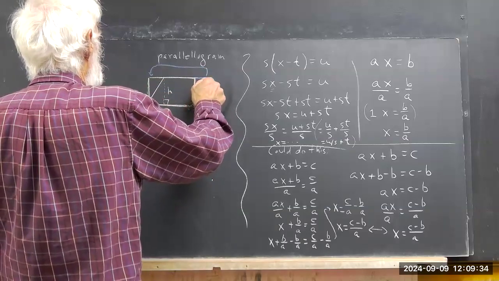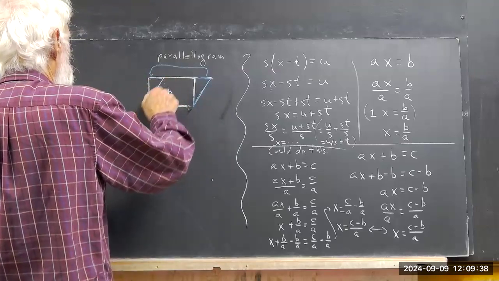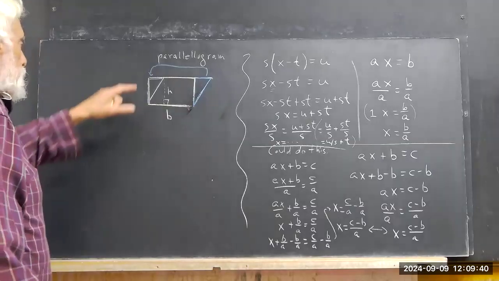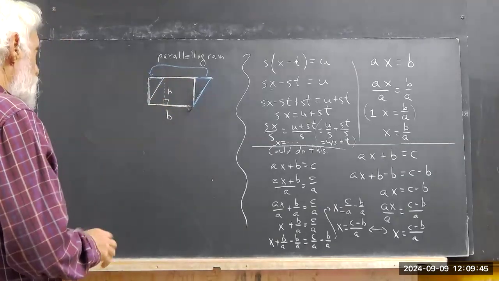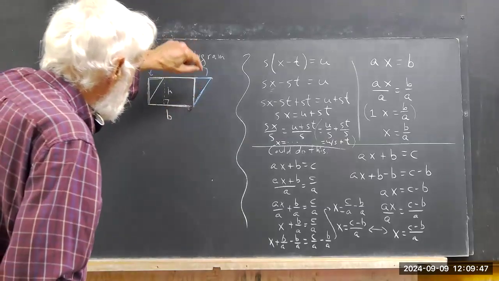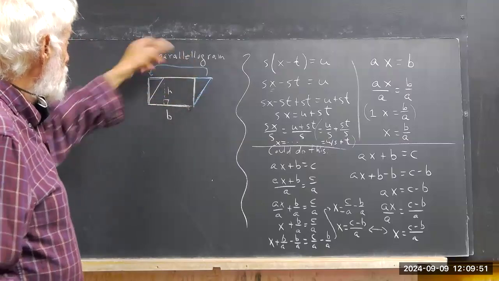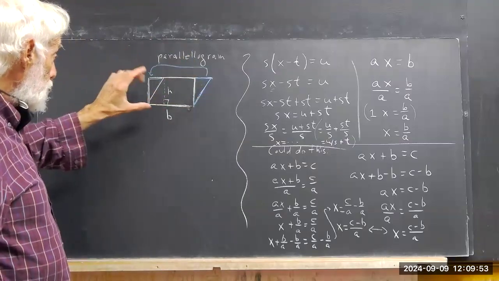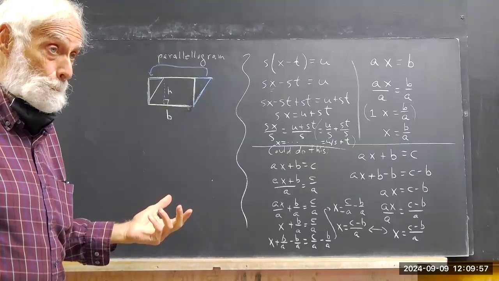But I take it and turn it upside down and put it over here. And that gives me the yellow rectangle. If I had a pair of scissors, I could cut this off, bring it over here and slap it on there, and you have a rectangle.